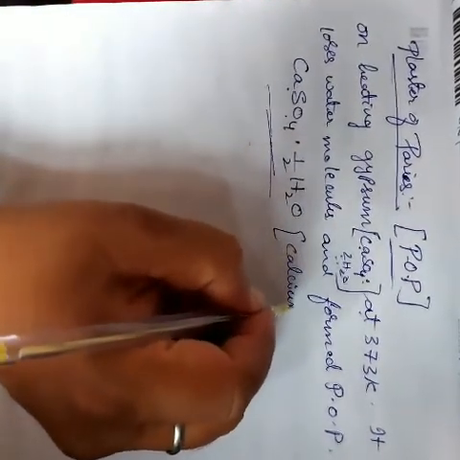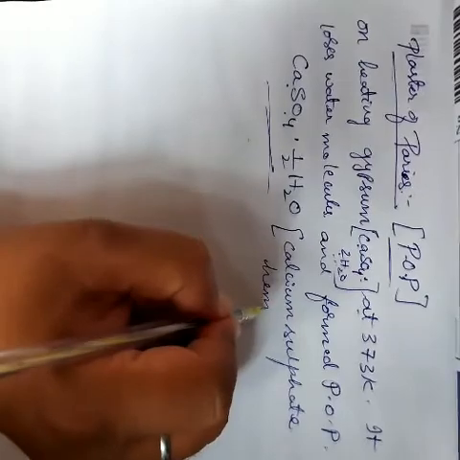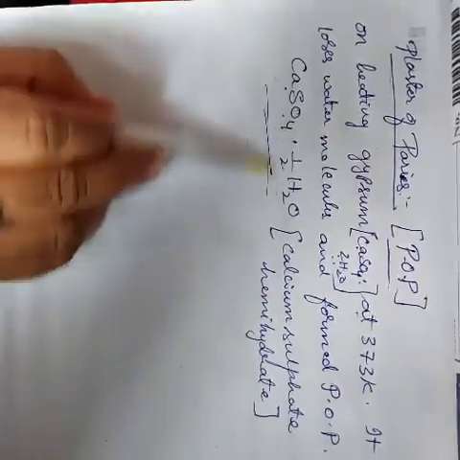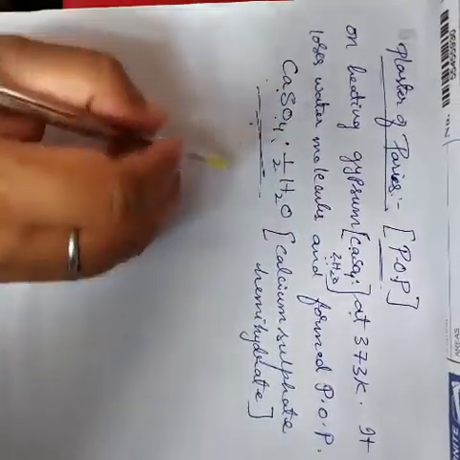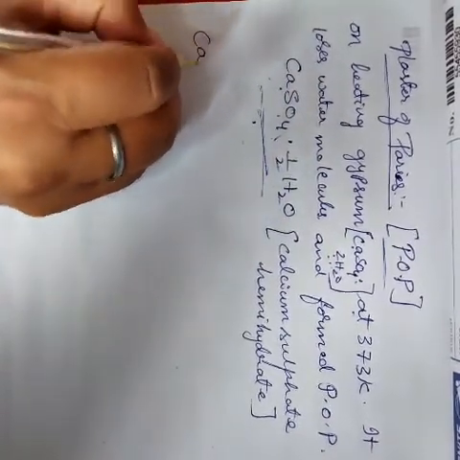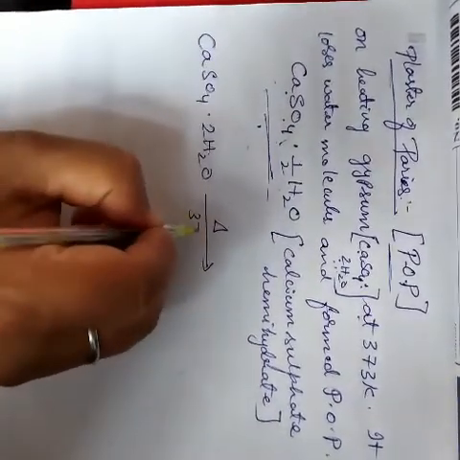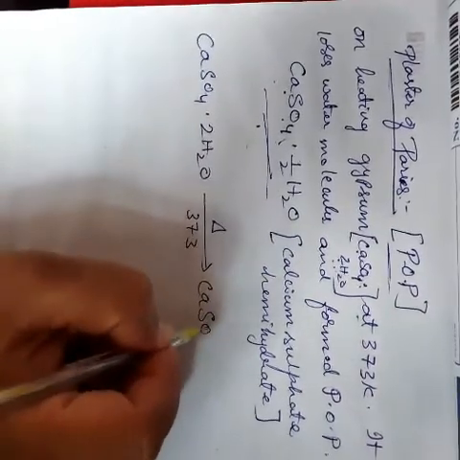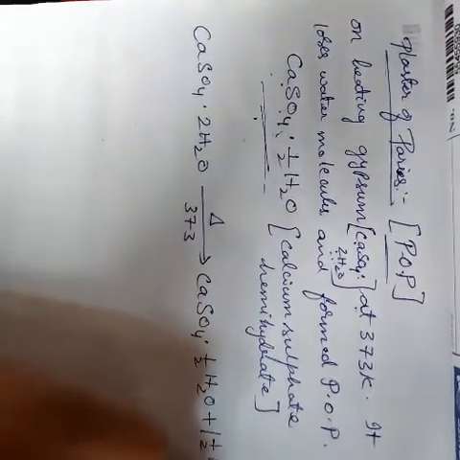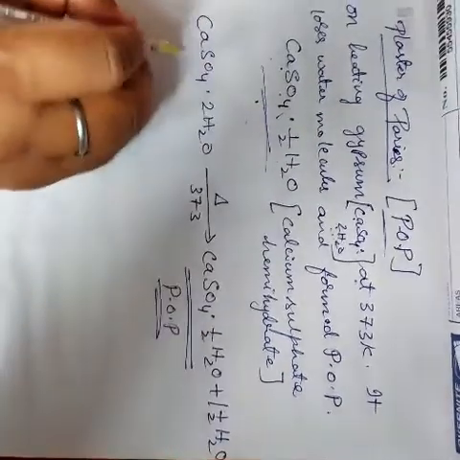Remember this. If asked how plaster of Paris is formed, it is simple: CaSO4 dot 2H2O, on heating at 373 Kelvin, gives plaster of Paris plus 1/2 H2O removed. This is called POP, and this is gypsum.